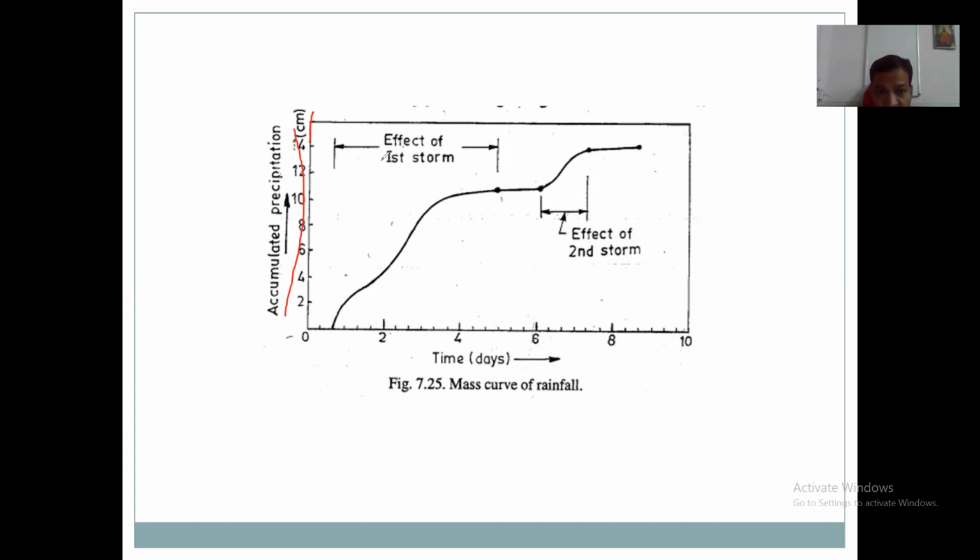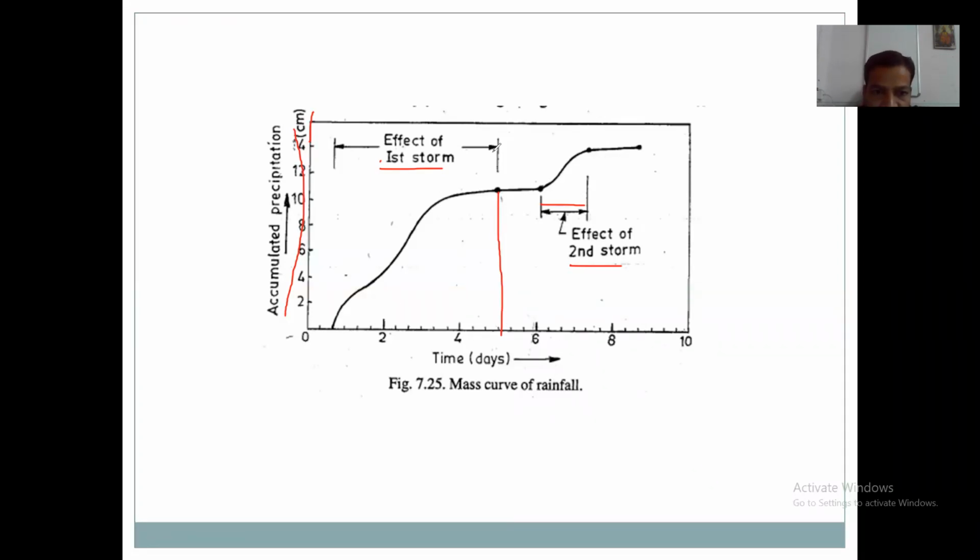See this effect of first storm इथे दिले आहे, up to this point is the effect of first storm. The effect of second storm इथे दिले आहे from this point to this point. The first storm's analysis इथे केलेलं आहे from 0 up to the 5 days.